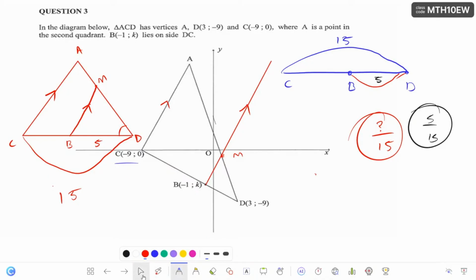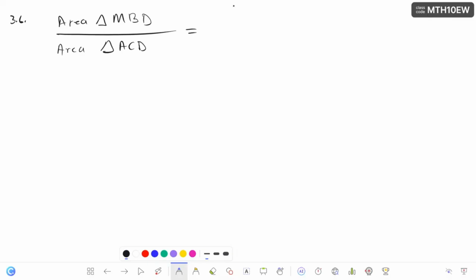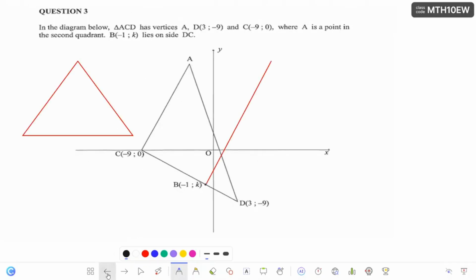So here we are going to say the area of triangle MBD divided by the area of triangle ACD is equal to 1/2 DM times DB times sine of D. I'll explain why I'm saying that.